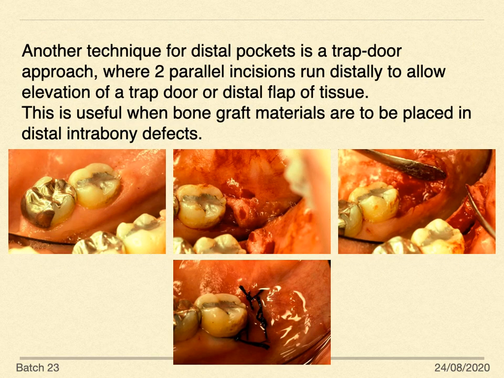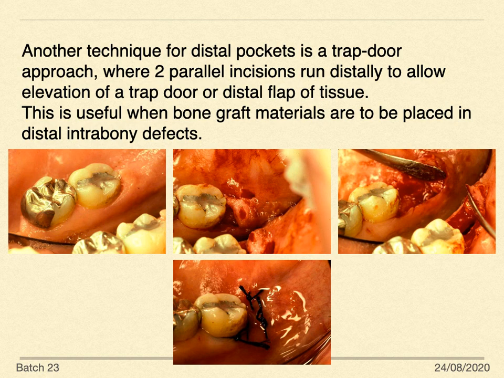Another technique for distal pockets is the trapdoor technique. This is again almost similar to the trapdoor technique we have seen in the last class for distal molar surgeries, whereas here we are not going to remove the tissue. The trapdoor is mainly done for regenerative procedures.